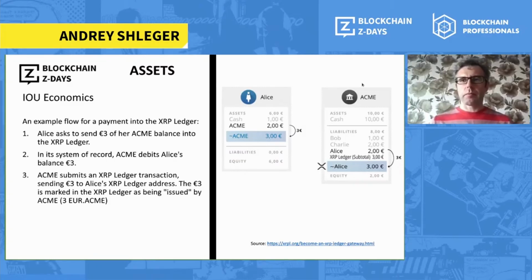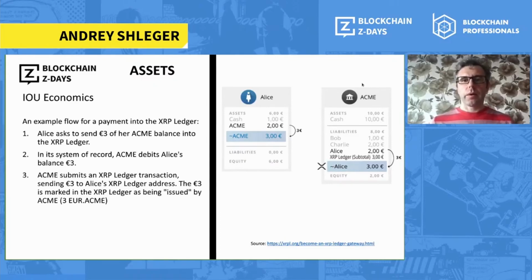Alice comes to some application or some bank, and with a credit card or cash, places some amount of money on the account of Acme, and Acme adds $3 to the account of Alice and promises Alice that it will be returned in any kind of situation.